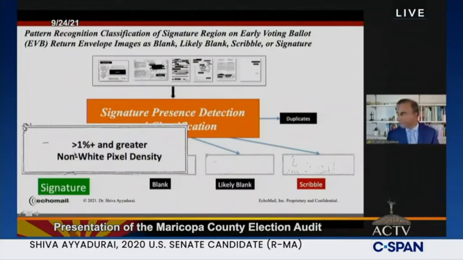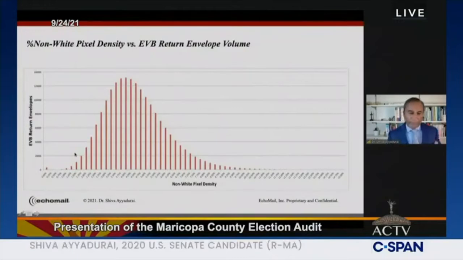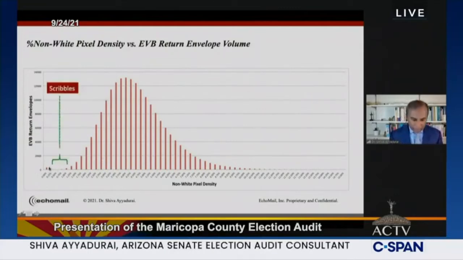All right. Then what we did was we did a distribution curve. We looked at all of the ballots and we did a distribution of pixel densities, just to give you an idea of how liberal we were in accepting something as a signature. So if you look at this, it was only this little area here, which is between 0.1 to 1%.